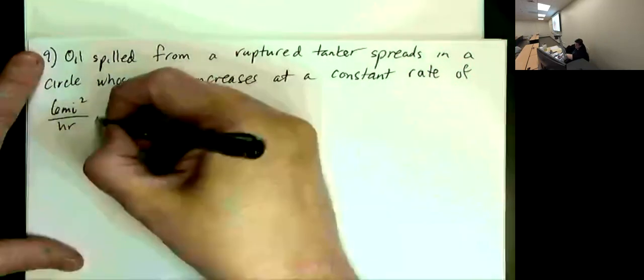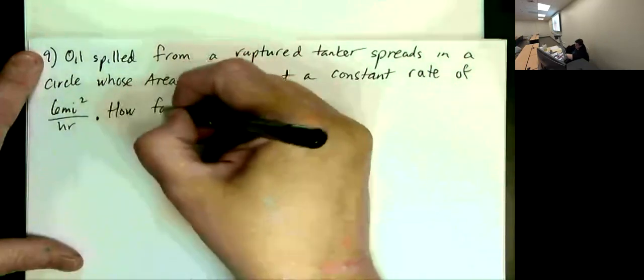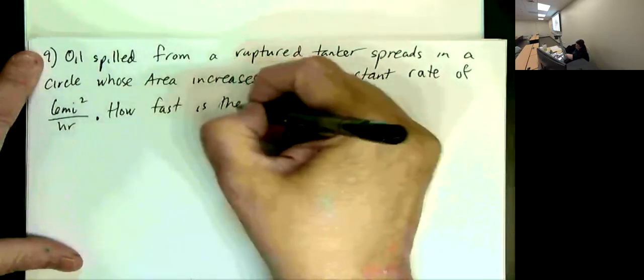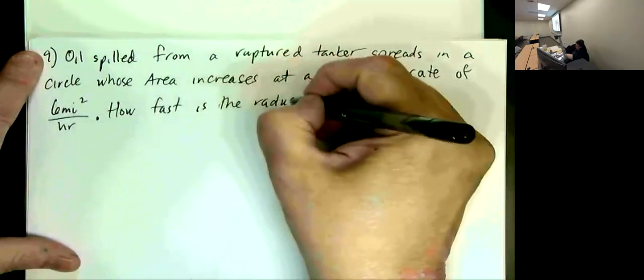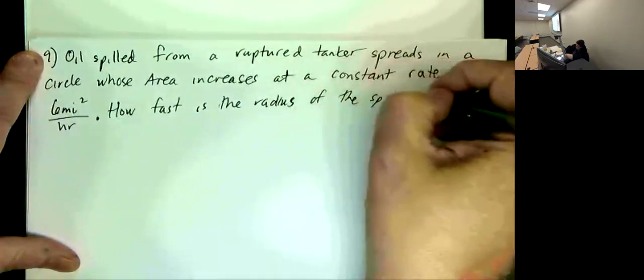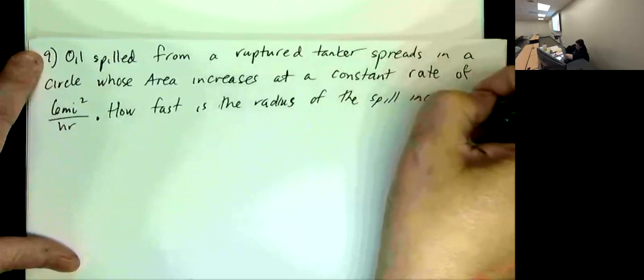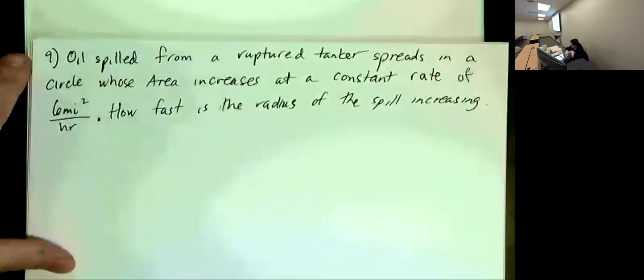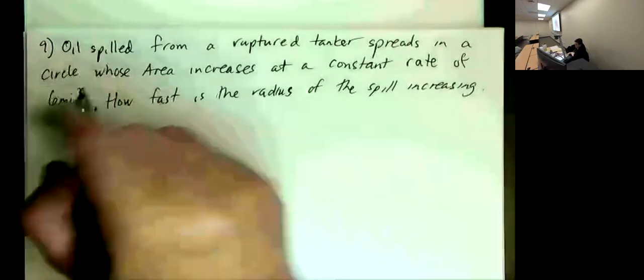How fast is the radius of the spill increasing when the radius is 3 miles?